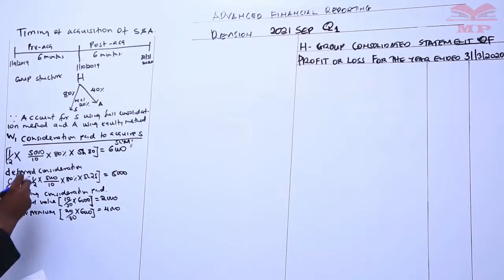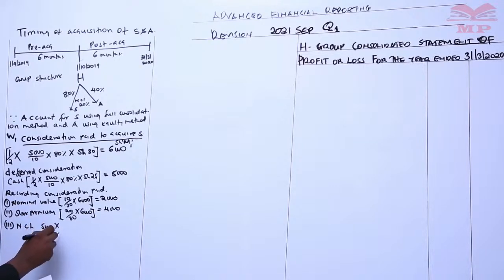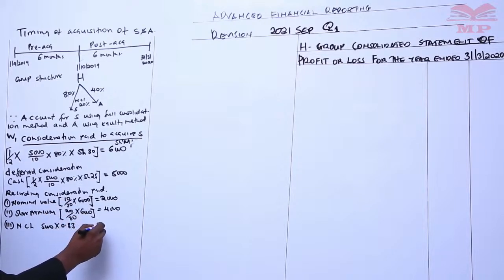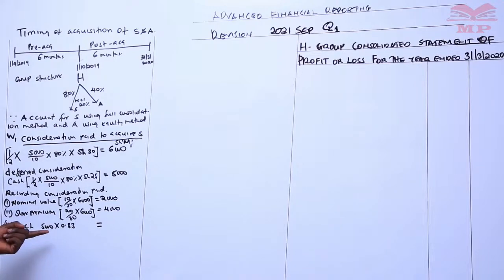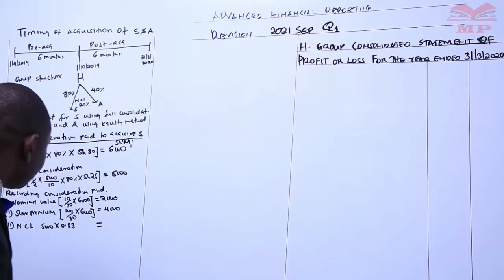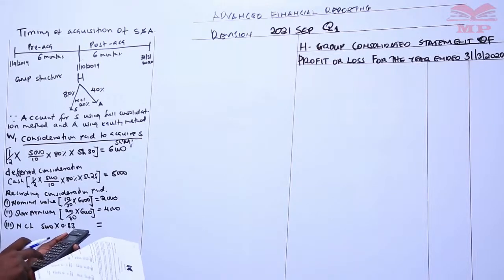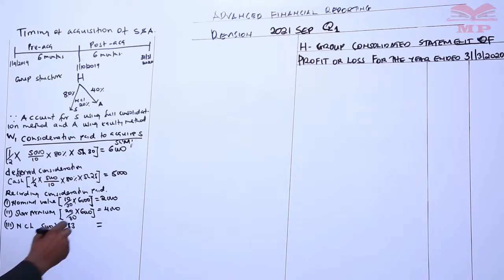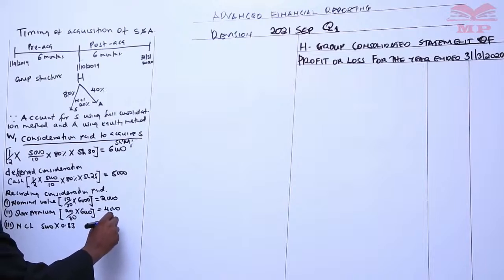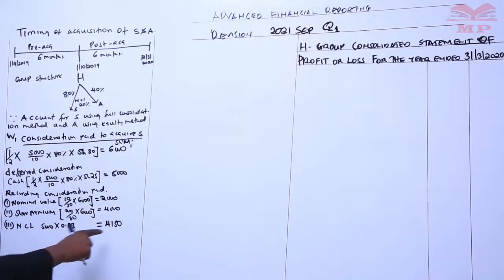Deferred consideration, non-current liability, will be 5 million times 0.83. So what is the interest on this 5 billion? Its value is 5 billion times 0.83, which is 4,150. That means that the difference between 4,150 and 5 billion is interest.